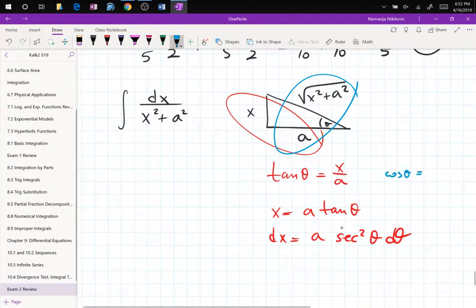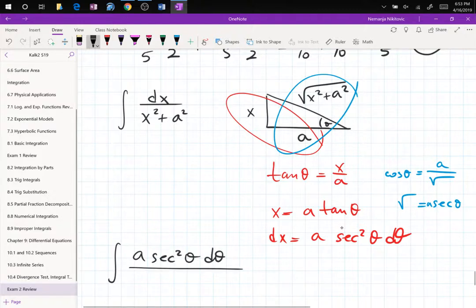Cosine theta is equal to a over the square root. If you flip both sides, the square root will be equal to a secant theta. Now we plug everything in. The dx is a secant squared theta d theta. The x squared plus a squared, well, we have to square this, so that gives us a squared secant squared theta. So now this becomes 1 over a integral of d theta.